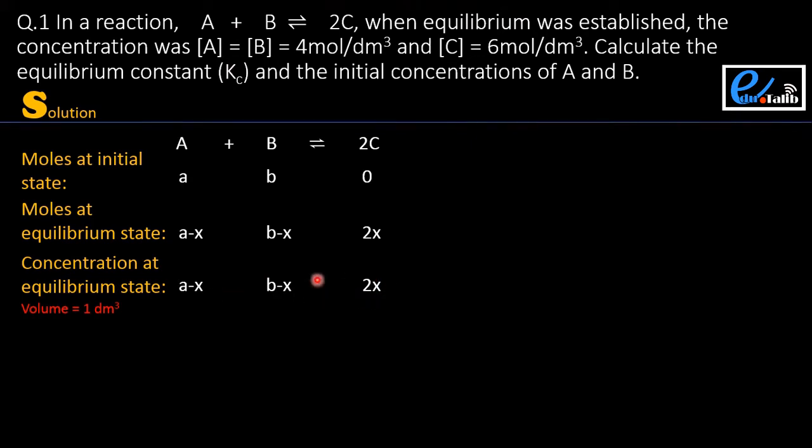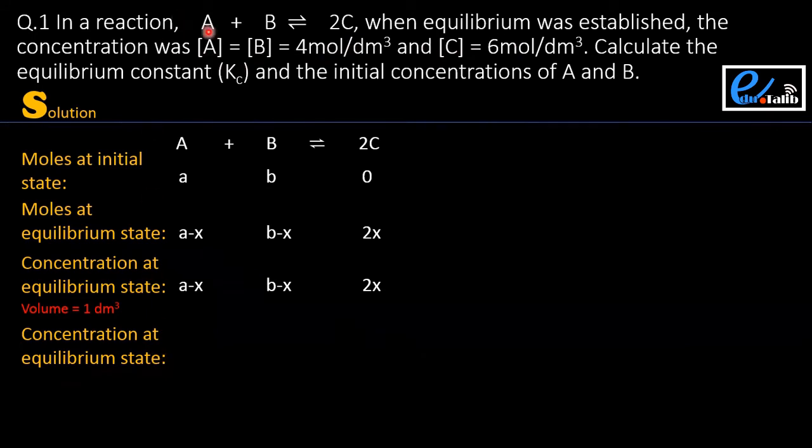Since we know all the concentrations at equilibrium of this reaction, the concentrations at equilibrium for all the reactants and the product are given in the question. So we can write again the concentration at equilibrium state.